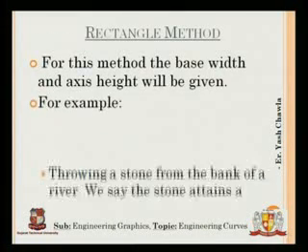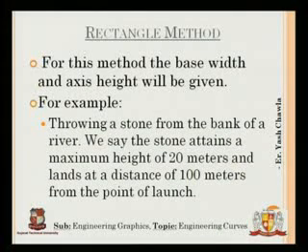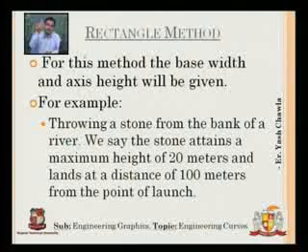Now in the rectangle method, what is the data given to us, and how do we have to draw? Just imagine I'm standing on the bank of a river and I throw a stone. The point from where I project the stone is the projection point, or launch point, and then the stone attains maximum height.